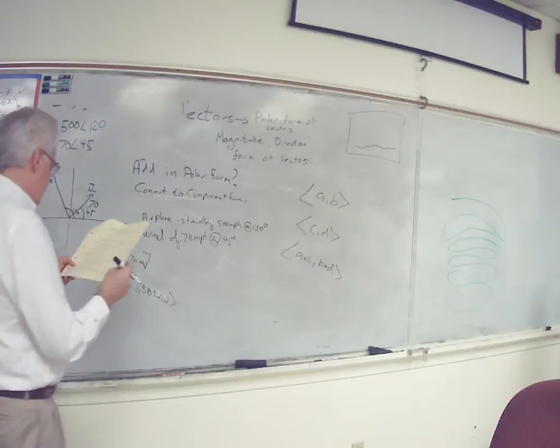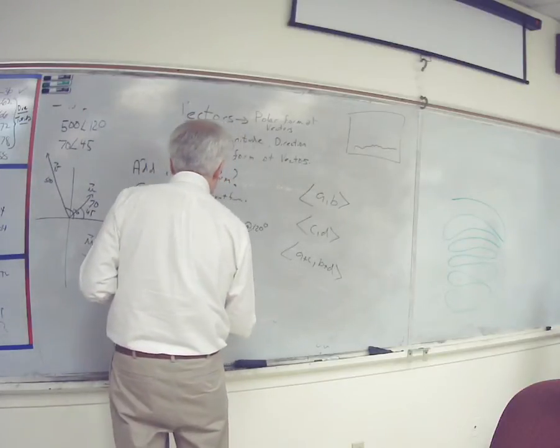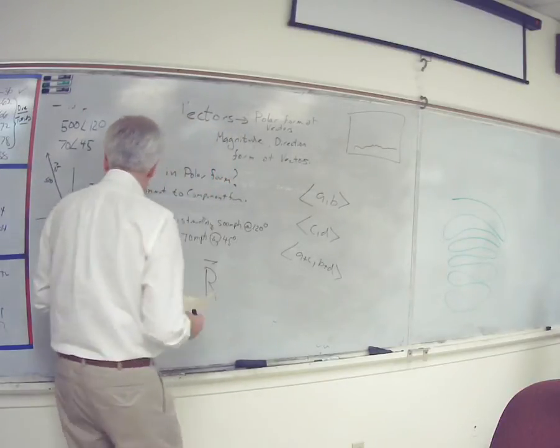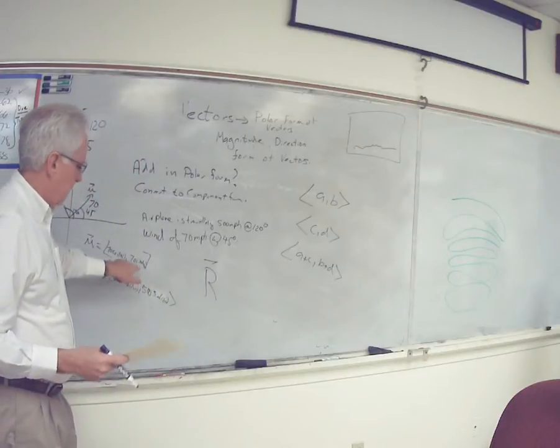So what is the sum? The resulting vector would be this plus this and that plus that.